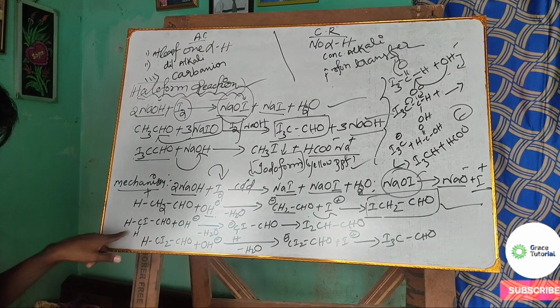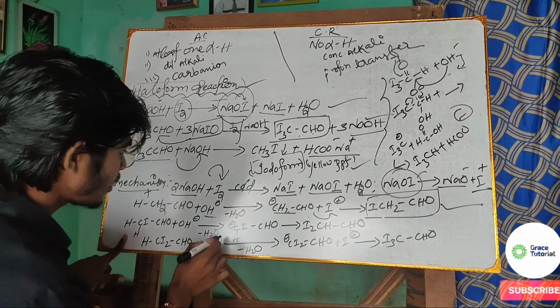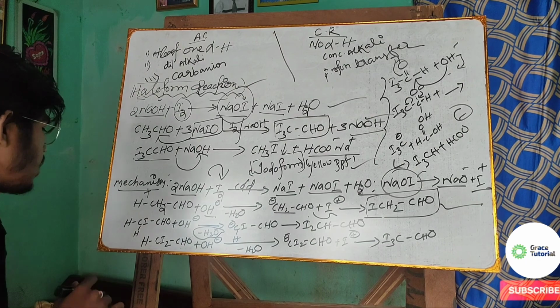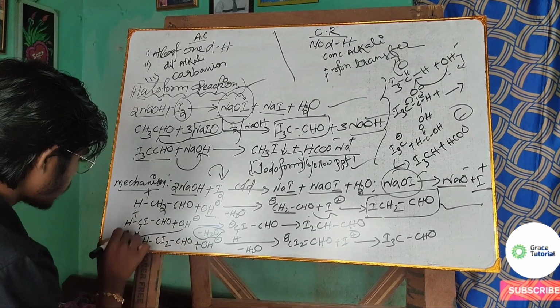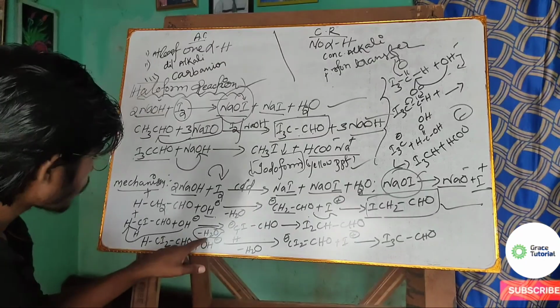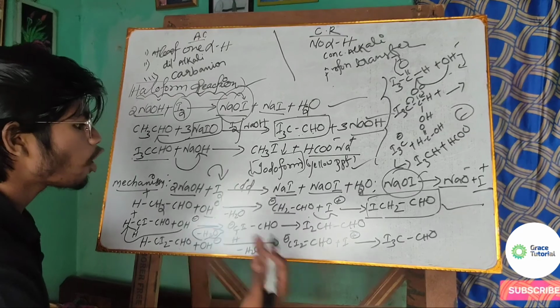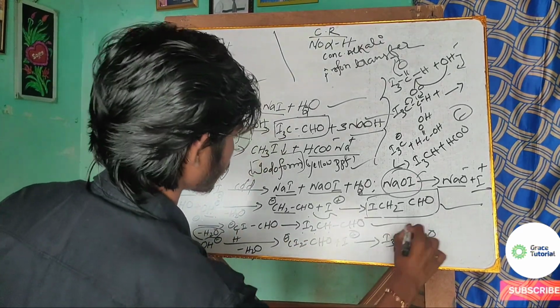And in the next process, what happened? In the next reaction as well, water elimination takes place. That means this H plus reacts with OH minus and water is removed, and a nucleophile is again obtained. On reacting further it gives I2CHCHO.